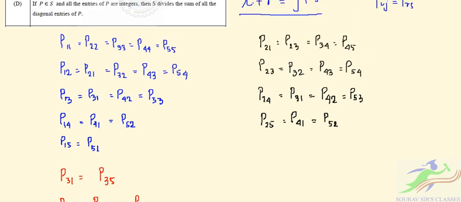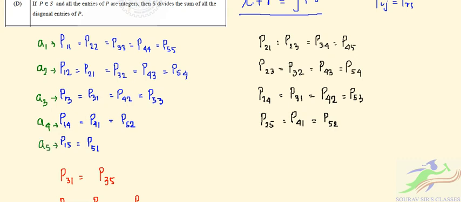Okay, so here we have defined these, so we can consider them as A1, A2, A3, A4, A5, right?